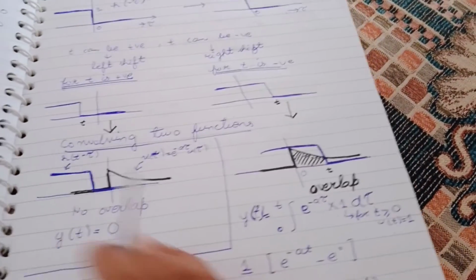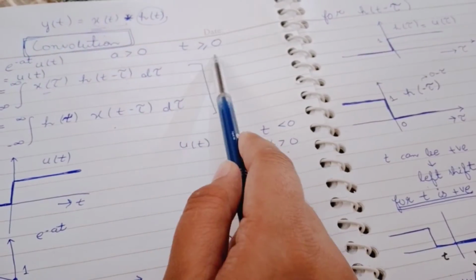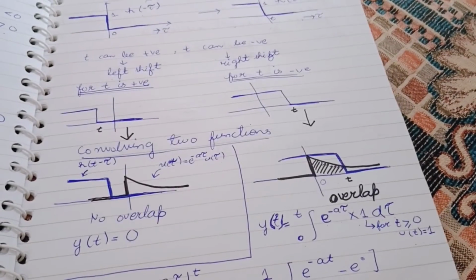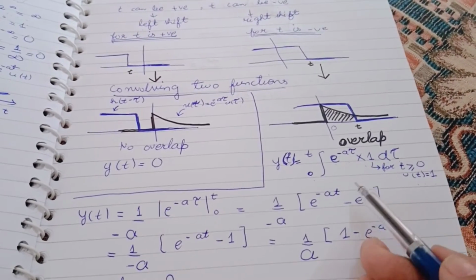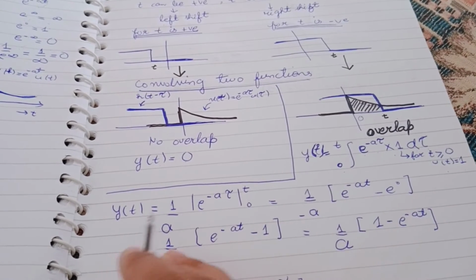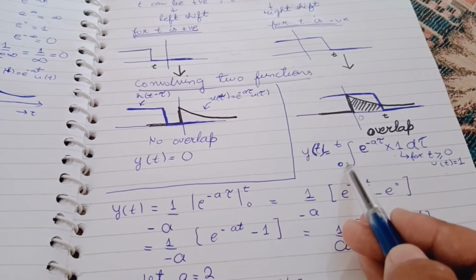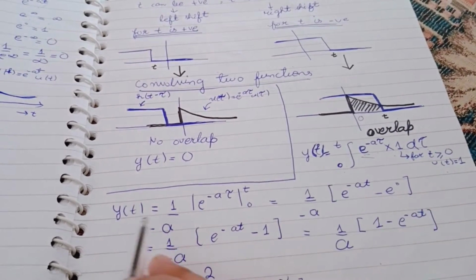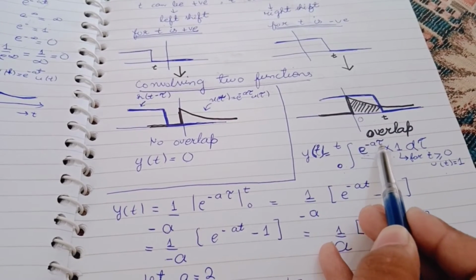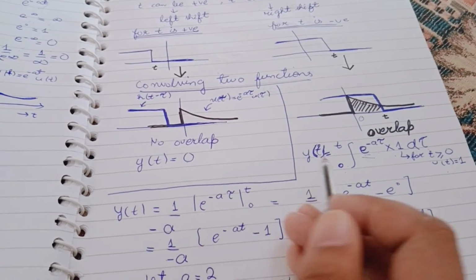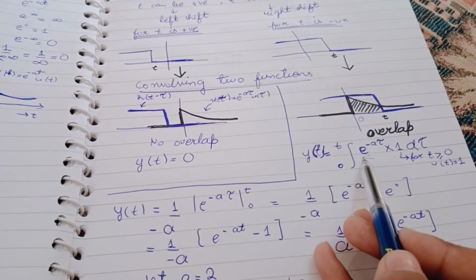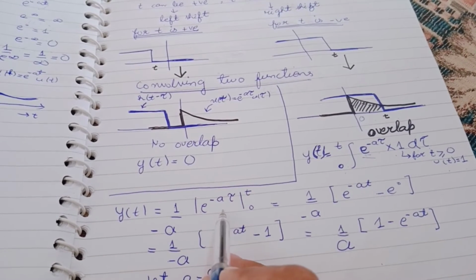So that value we are using here in the formula. I have told you before. First of all, you will take the integration of this function, and you will take the derivative of the power, which is minus a, and the exponential function will remain the same. Here is the limit.